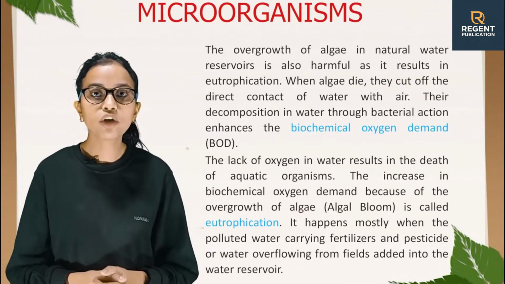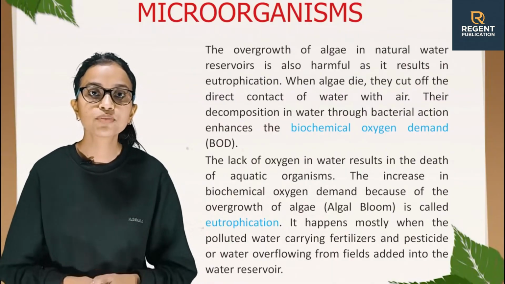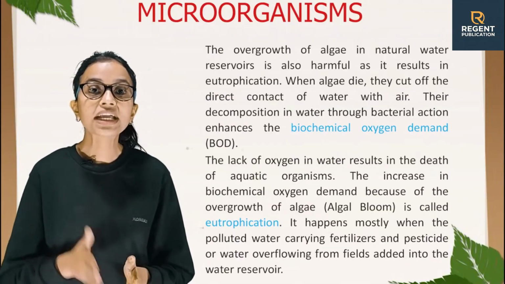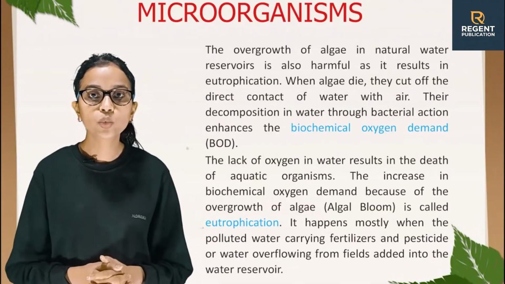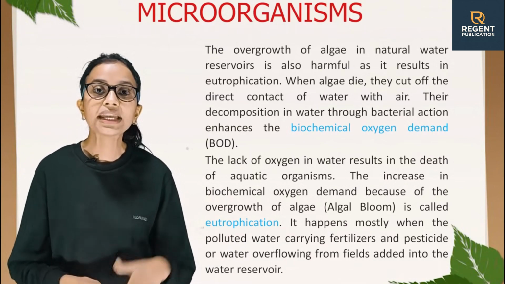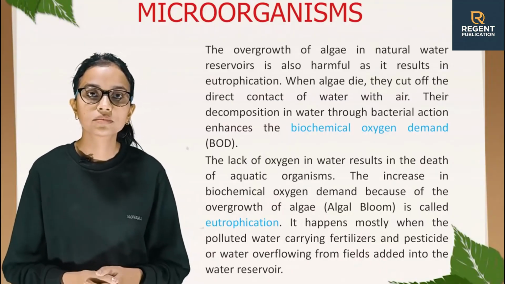The overgrowth of algae in natural water reservoirs is also harmful as it results in eutrophication. When algae die, they cut off the direct contact of water with air. Their decomposition in water through bacterial action enhances the biochemical oxygen demand, that is BOD.